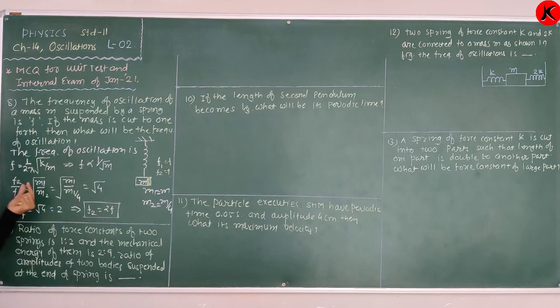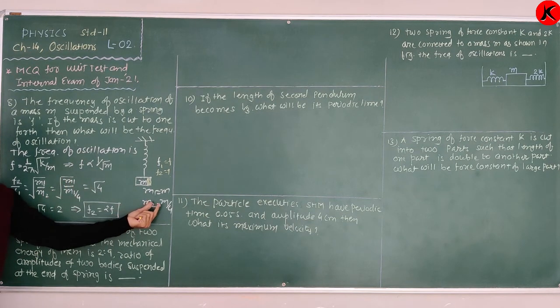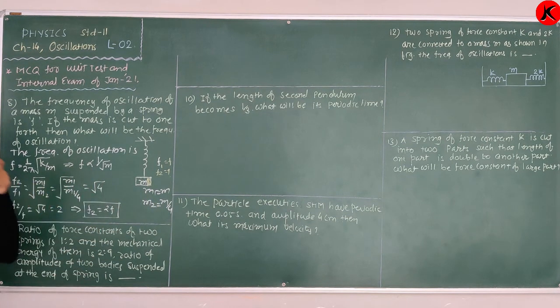Taking the ratio of these two frequencies, F2 upon F1, we obtain under root of M1 upon M2. M1 is the initial mass M and M2 is 1/4 of the initial mass, therefore M1 by 4. M1 cancels. 4 is in the denominator of the denominator, so it comes into the numerator. Therefore under root of 4 is equal to 2.